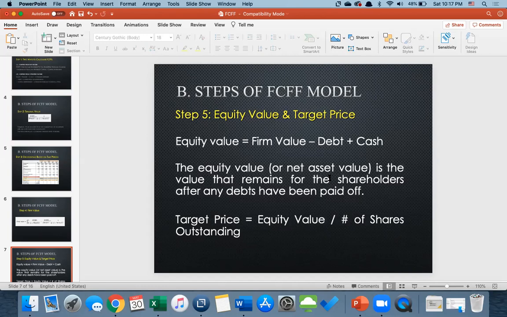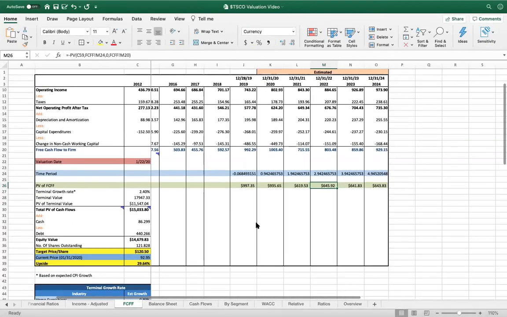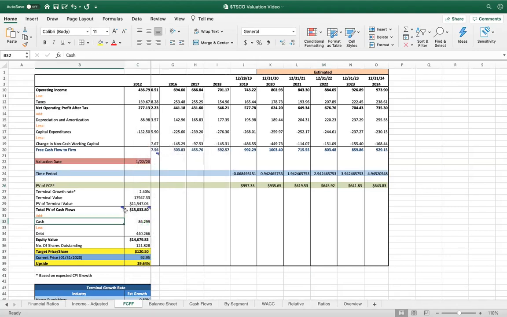So we need to deduct the debt amount. Then after that, we just divide the equity value by the number of shares outstanding to get the target price. You can refer to the example here. After we get the firm value, we add cash minus debt to get the equity value, and divide by the number of shares outstanding, then we reach the target price.